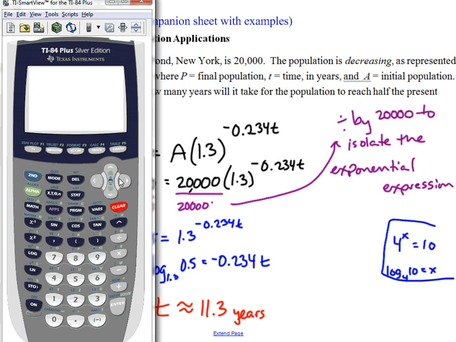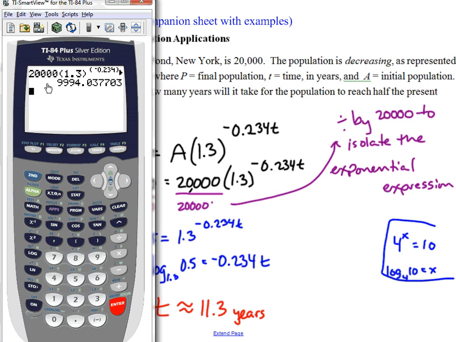We're going to go 20,000 times the parenthesis 1.3 raised to the exponent parenthesis negative 0.234 parenthesis times 11.3. Let's see if that should come out to 10,000.